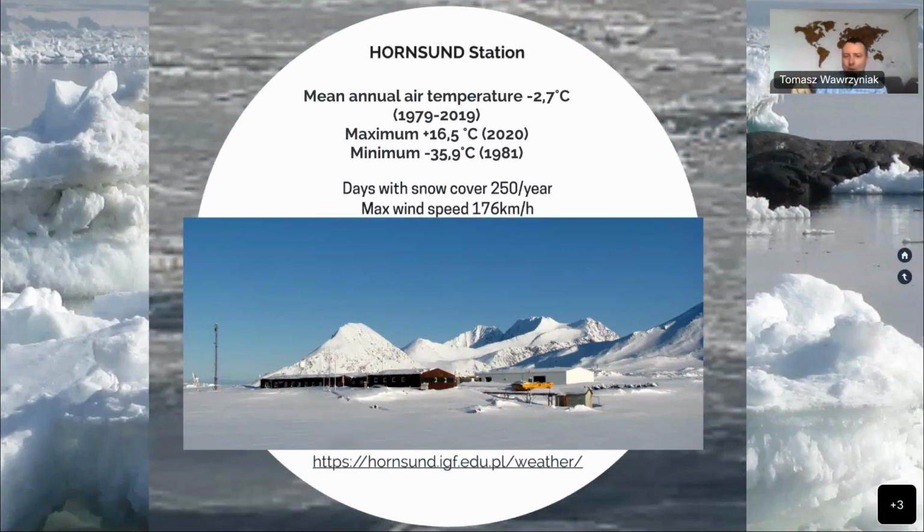So this is data that comes from the meteorological site, but just in the valley, some 5 kilometers from our station, we measured 22 degrees. The minimum recorded was -35.9 degrees in January 1981. Maximum wind speed that was recorded reached 176 kilometers per hour, so really strong wind.